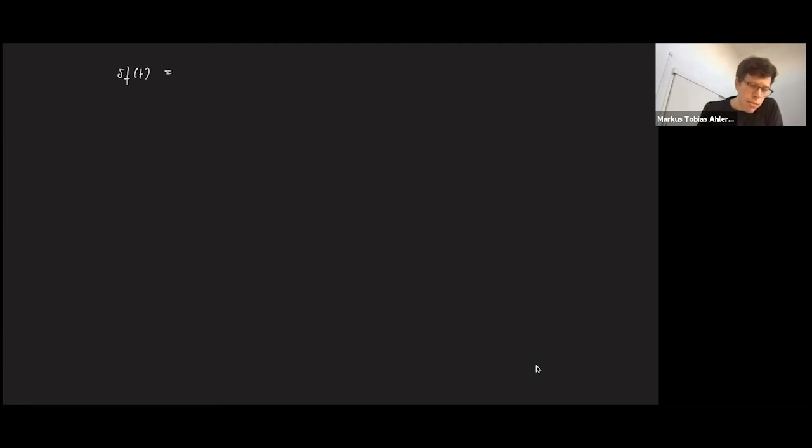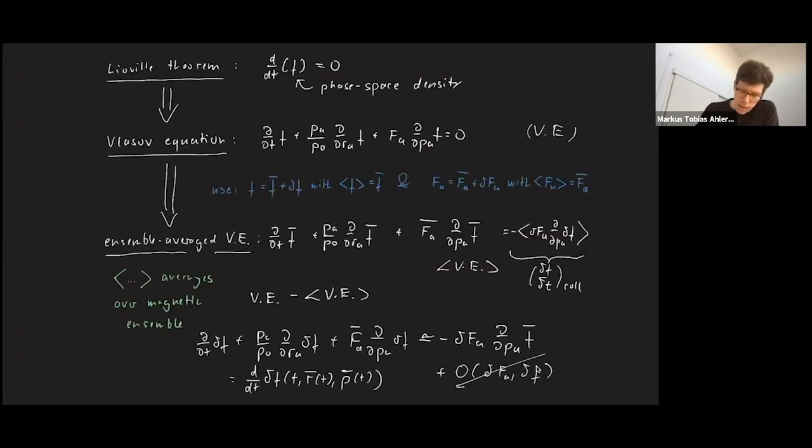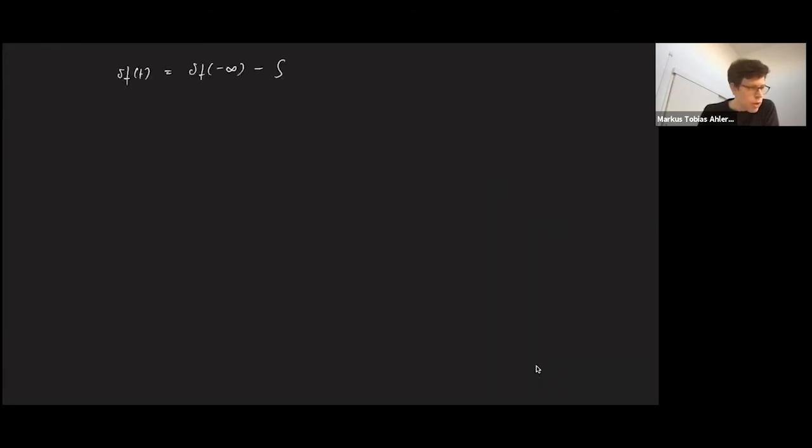So this is given by delta F at some time in the past, and for simplicity, I just assume that this is extending to minus infinity. And then I have here an integral, which takes into account the right-hand side of this expression, which is the integral over dt prime from minus infinity to t.